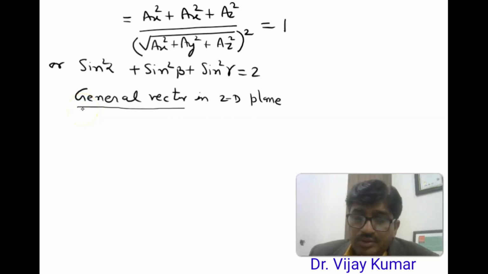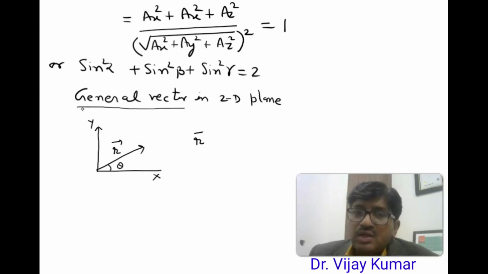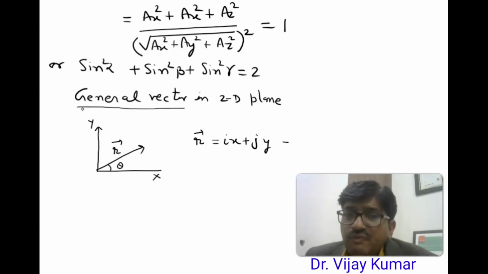Suppose this is a vector, R vector, and theta is the angle from x-axis and this is from y-axis. So R vector equal to Ix plus Jy. We can represent it like this, or we can write x means R cos theta I, and y means R sin theta j.